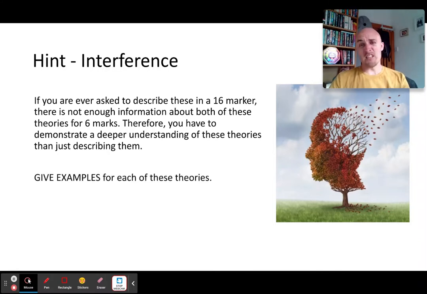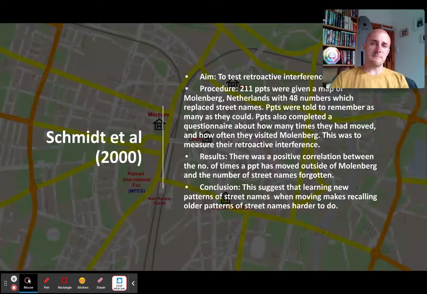Maybe not my psychology teacher called his new girlfriend by his ex-girlfriend's name, but give that generalized example. The reason why this is important: if you give examples that back up what you are talking about, real life examples, it shows you know the theory to a deeper level, and you're not simply parroting information off a flashcard. So make sure you give examples, please.